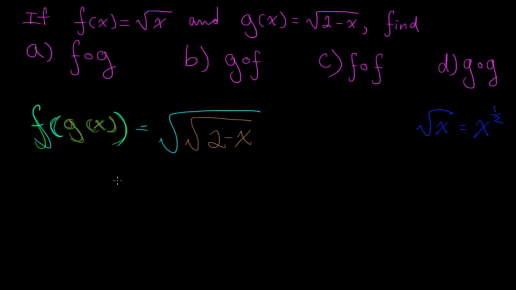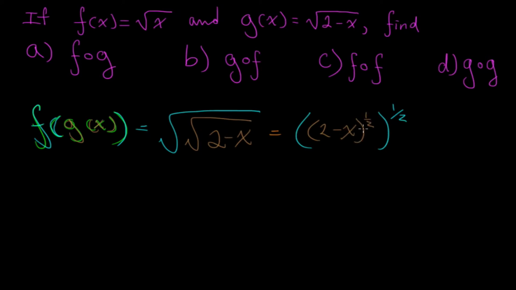So you could think of this as being equivalent to, I'll do it in the same color, f of x on the outside, that's 1/2, and g of x is on the inside, and that is 2 minus x to the 1/2.